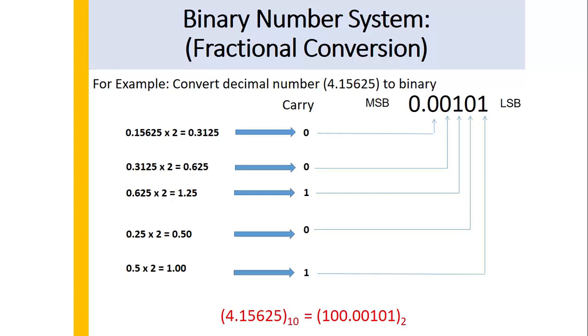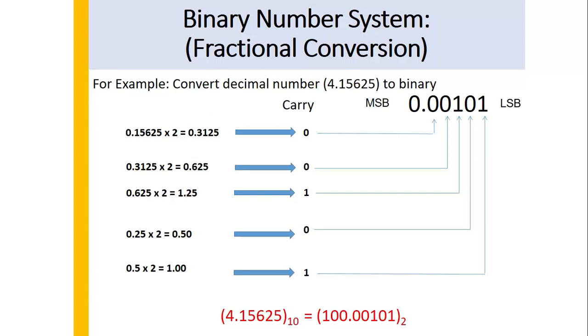Now if you remember, when we convert the remainders in a normal decimal number, we go from bottom to up, but this is after the decimal, so for the carries we go from top to bottom. The first carry becomes the MSB and the last carry becomes the least significant bit.